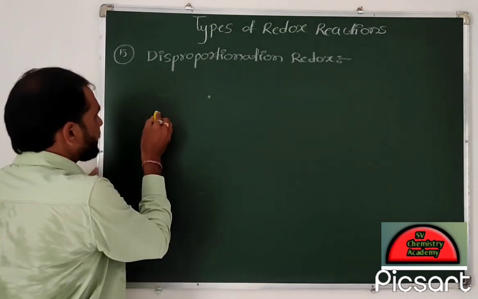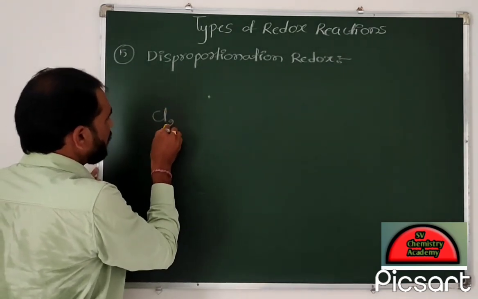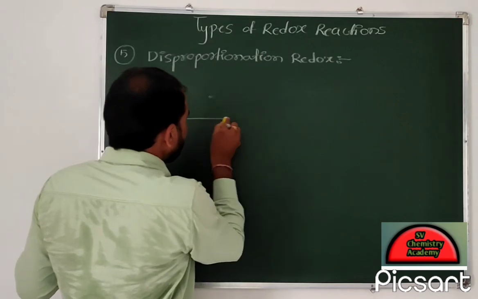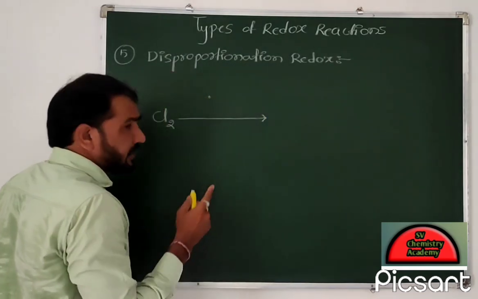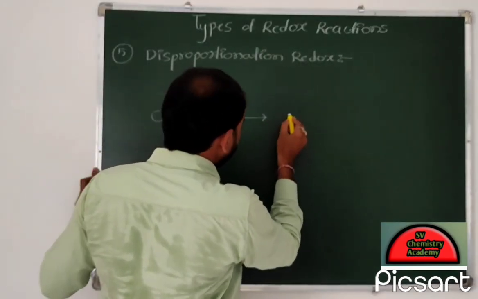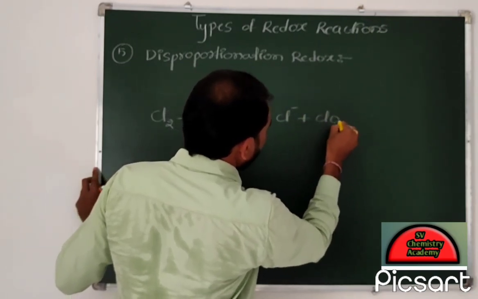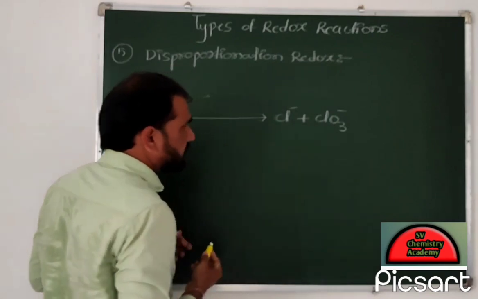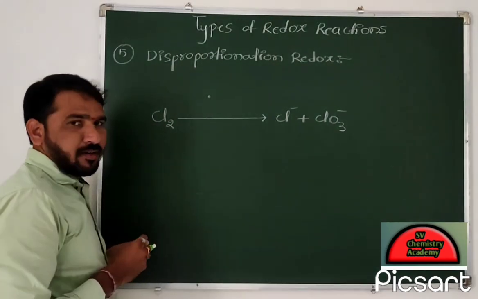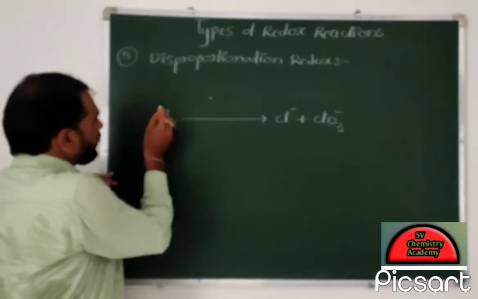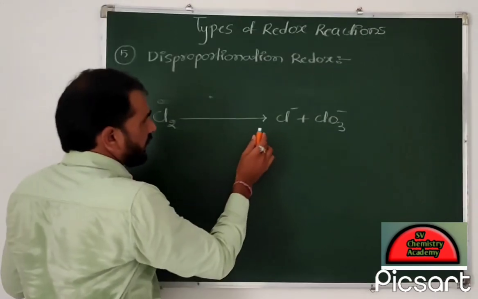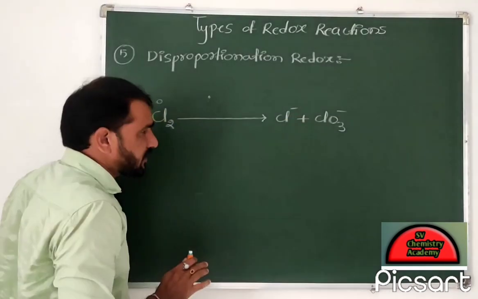Redox reaction. So here in this Cl2, if we take it, it undergoes a redox reaction and results in Cl- and ClO3-. So what happened here? Coming to the left side, chlorine's oxidation state is 0. On the right side, Cl is already in -1 oxidation state.